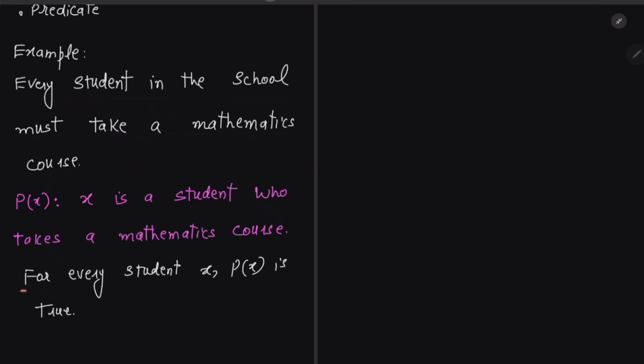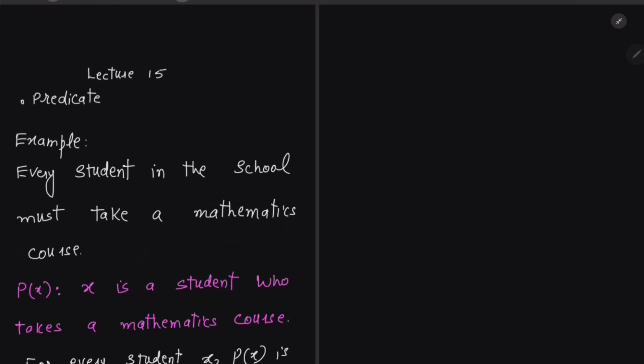So we can write it as for every student x, P of x is true. So it is written like this, and we will talk about that as well in future. For all x, P of x is true. Okay, so this was all about the statement, the predicate.